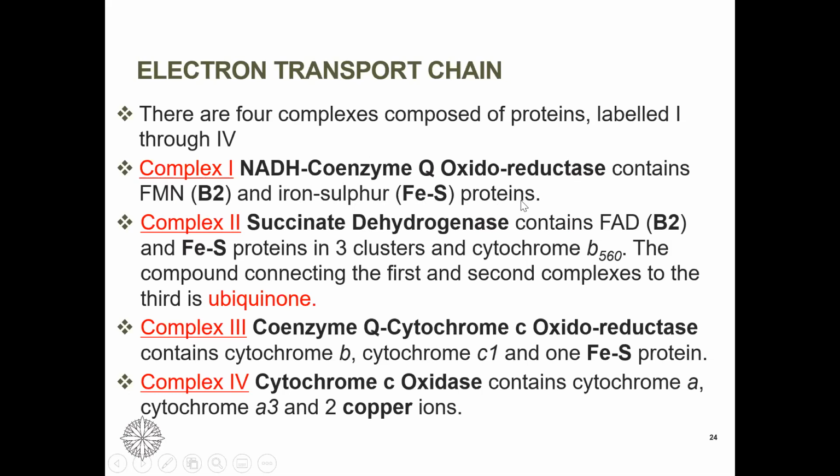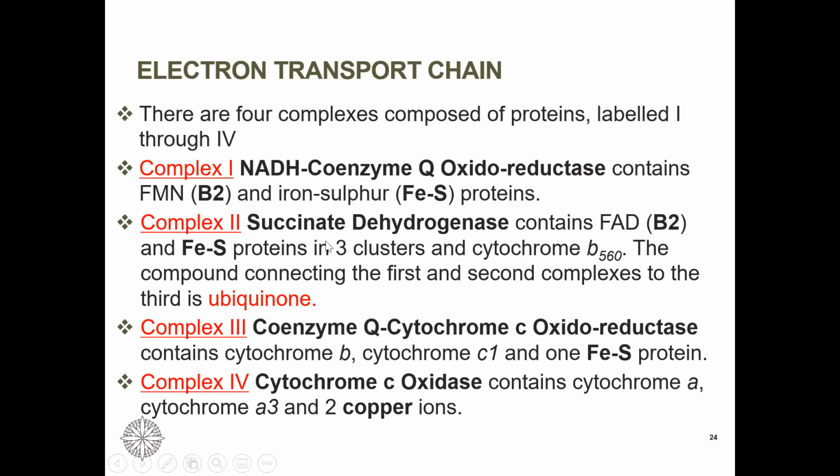Remember when we were doing your first assessment, some of you commented on the role of iron in fatigue, and this was the word I was looking for there. Iron sulfur proteins are so important for the functioning of complex 1.